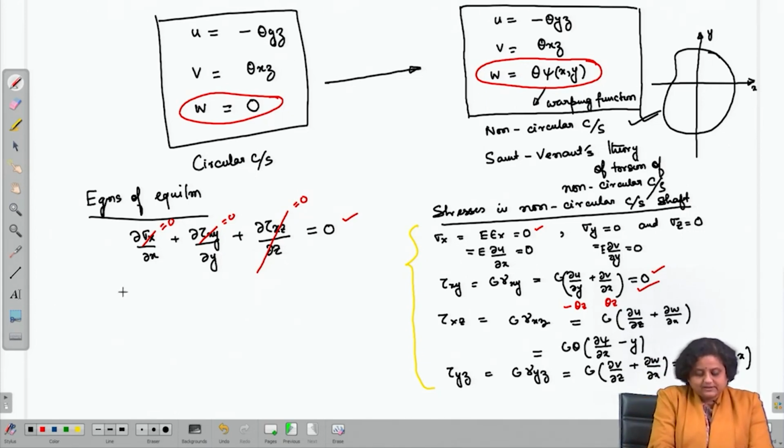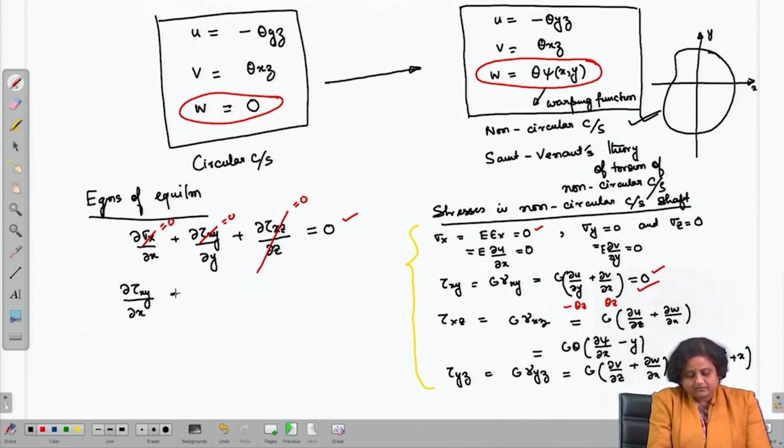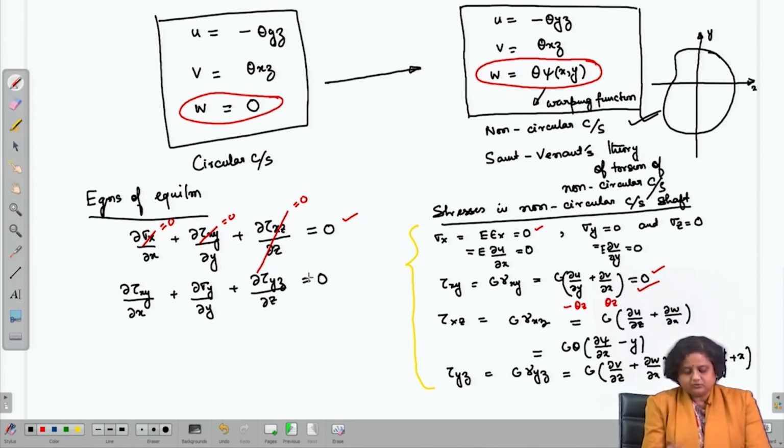Now, let us see whether the second equilibrium equation is being satisfied, whether this is equal to 0.